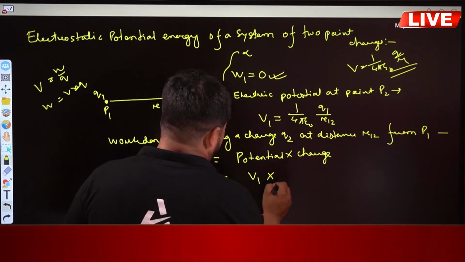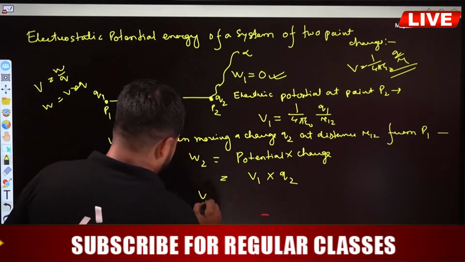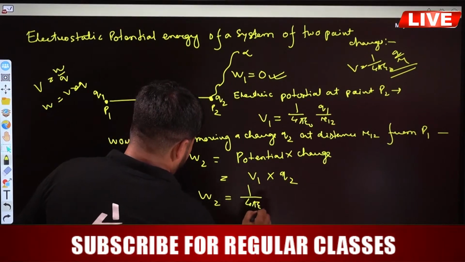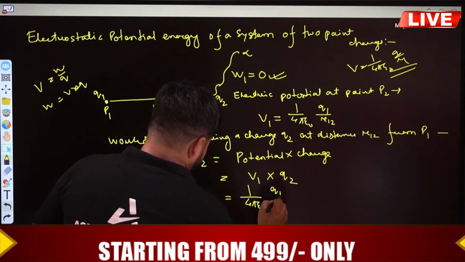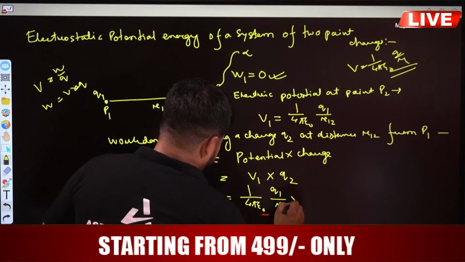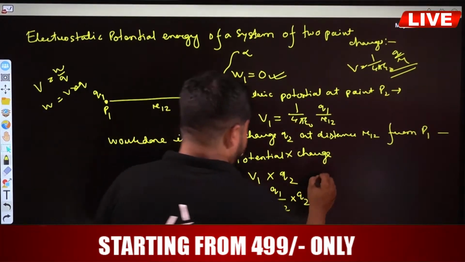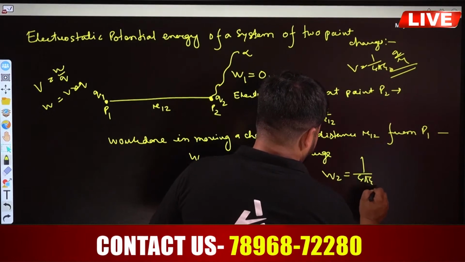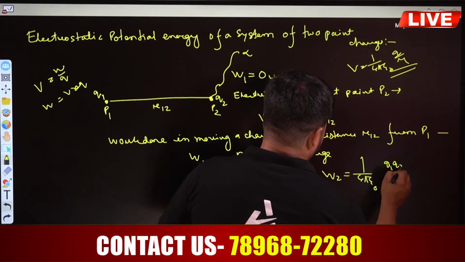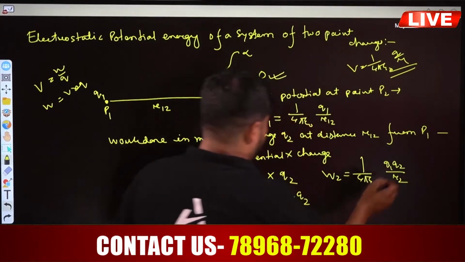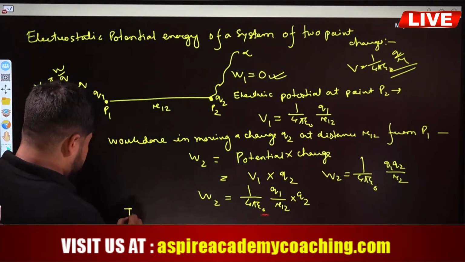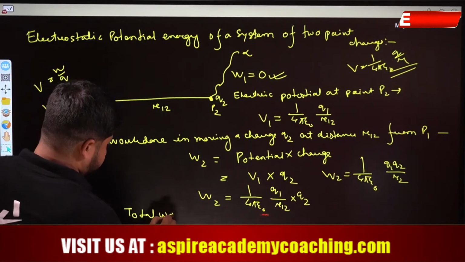V1, and charge Q2. So W2 is equal to V1, which means 1 by 4 pi epsilon naught Q1 by R12, into Q2. So the work done will be 1 by 4 pi epsilon naught Q1 Q2 by R12. This is the total work done. So then total work done will be what? Next is called total work done.